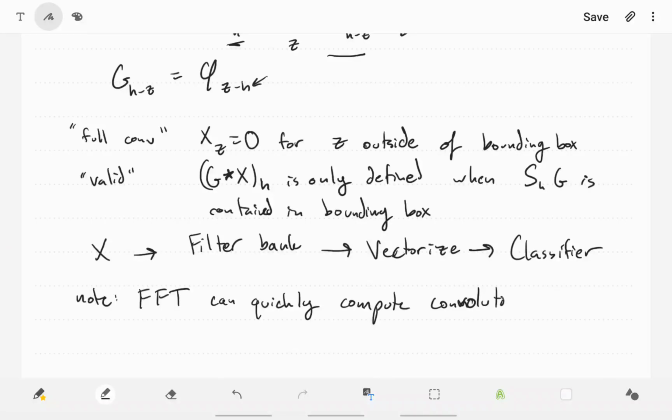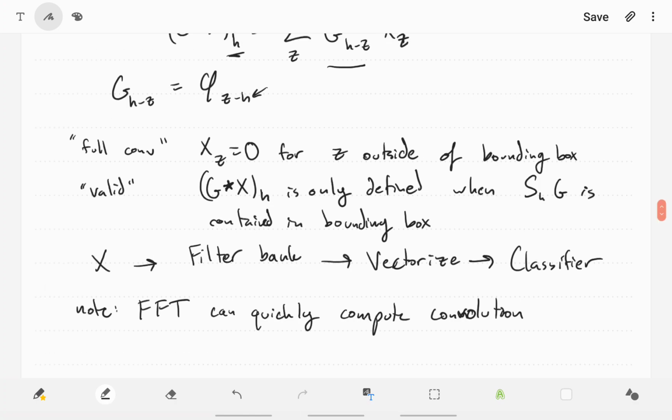Now this is particularly useful on CPUs, but on the GPU we actually apply convolution just by using tensor operations.